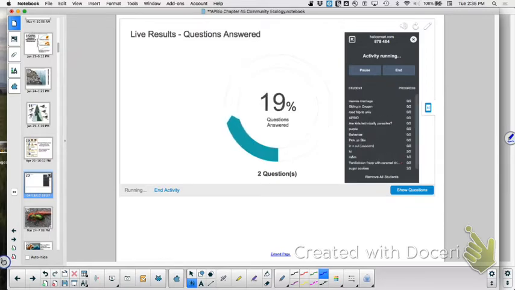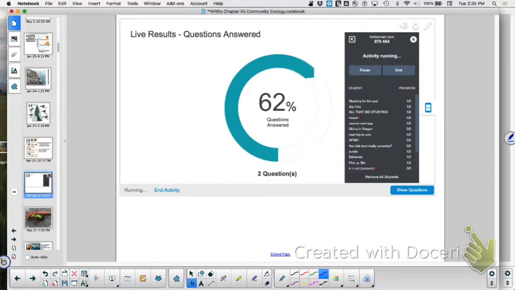So as soon as you log in, go. It's C. It's A. It is A. Wait, it's not.